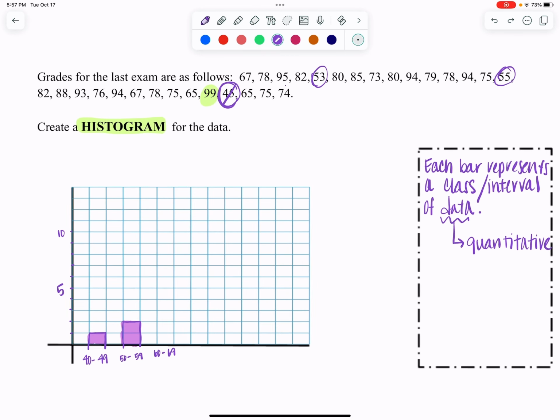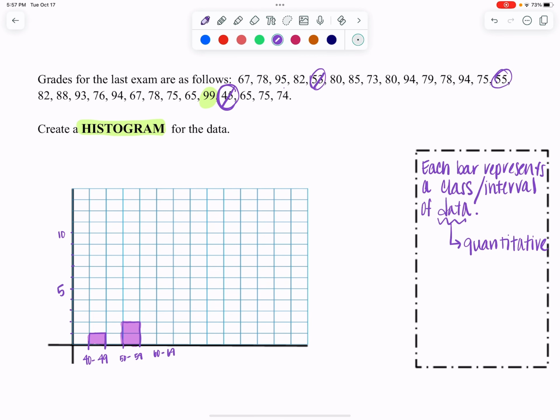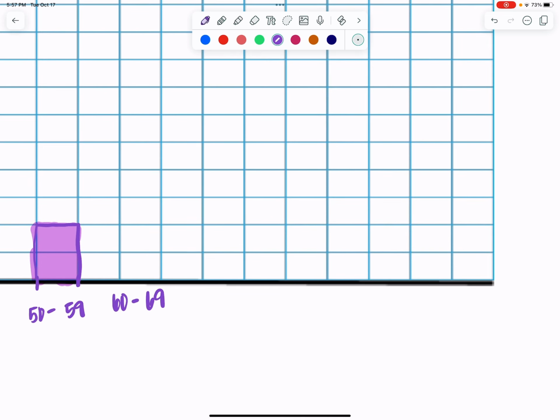So yours does not have to look exactly like this one by any means. 60 to 69, here's a 67 and a 65. So that's 2, 3, 4. So I'll make that one 4 units tall.